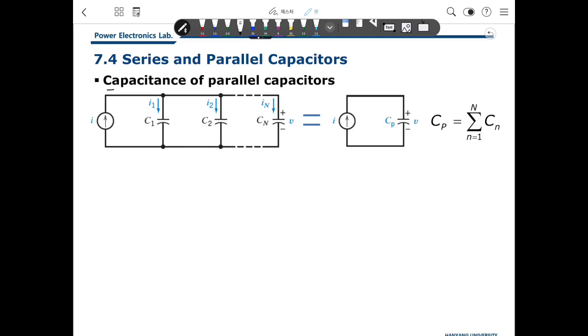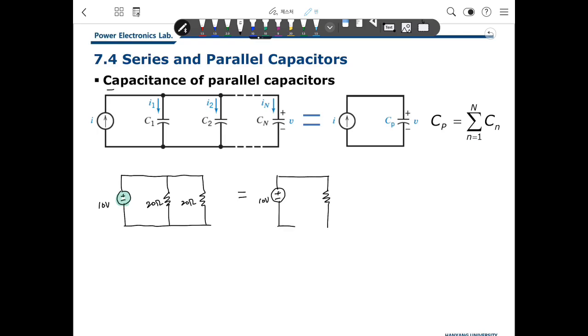In the case of a resistor circuit, for example, this is 10 volts, and there is a resistor here and a resistor here. Each is 20 ohms. So from the viewpoint of this source, this circuit is the same as 10 volts and a 10 ohm resistor.